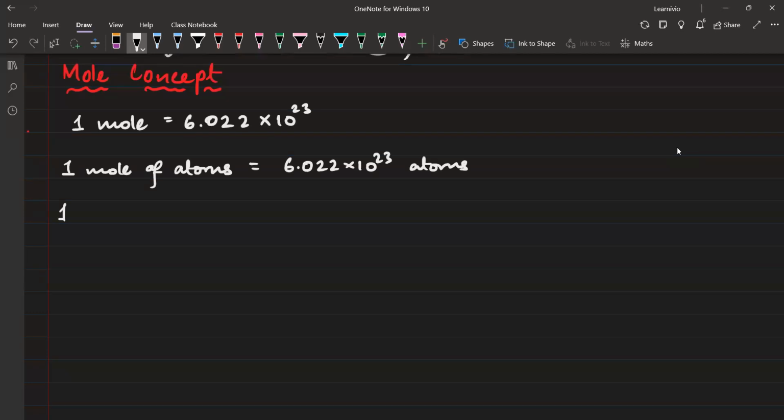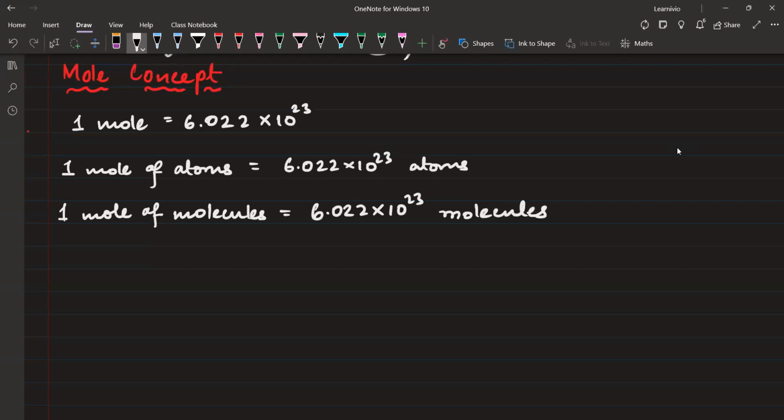If I say 1 mole of molecules, this will be 6.022 into 10 to the power 23 molecules. If I say 1 mole of electrons, this will be 6.022 into 10 to the power 23 electrons. That's it. Simple as that. Does it make sense, yes or no, please tell me till here.